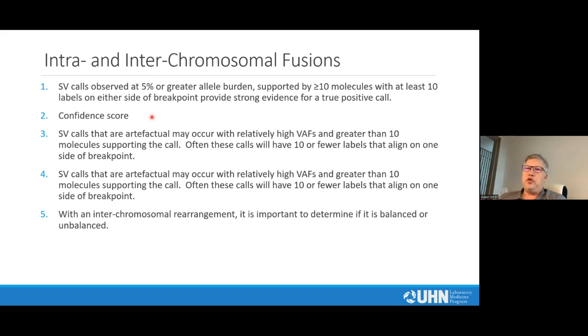Remembering that confidence score is based on modeling, and so in some regions of the genome where there might be lots of repetitive sequences or close to the ends of the chromosomes, sometimes the confidence levels will fall on particular calls.